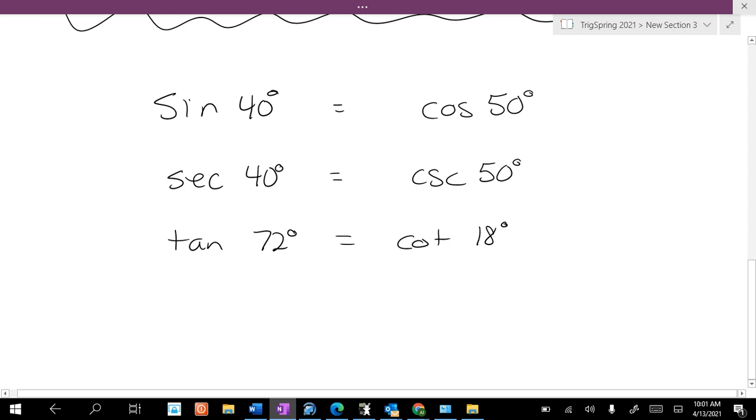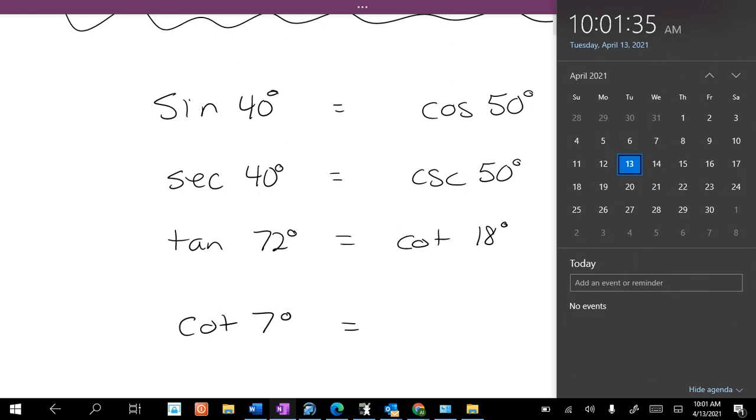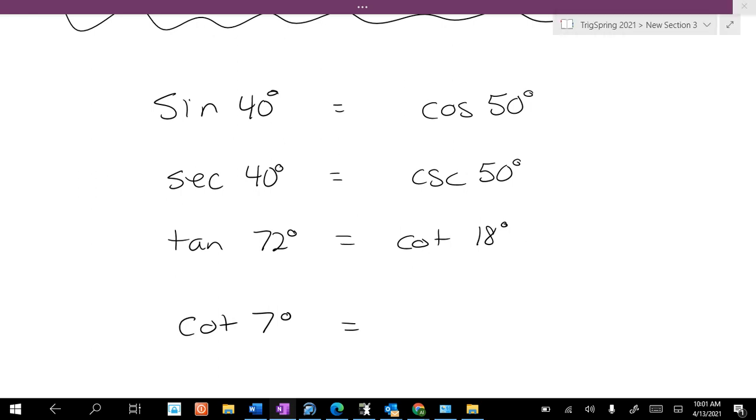So if we had the cotangent of 7 degrees, what would be its cofunction? And how many degrees would its cofunction be? The tangent of 83 degrees.